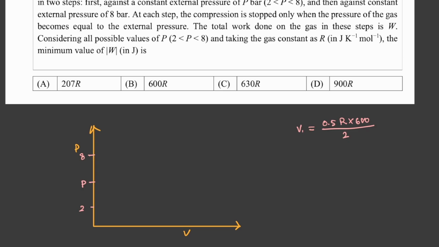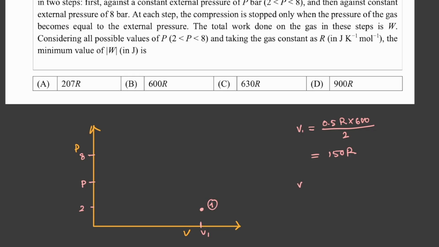That will come to 600 by 4, so that is 150 R. So that is our V1. Consider here is the V1; this is our P1, V1, our first state of the system.